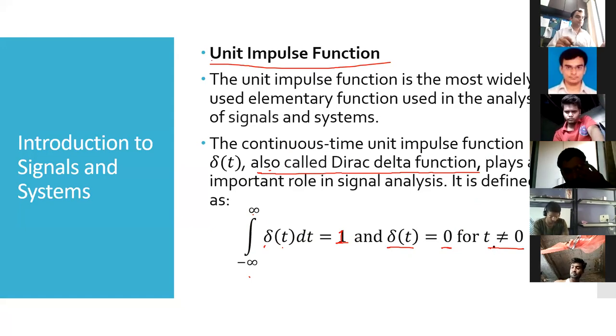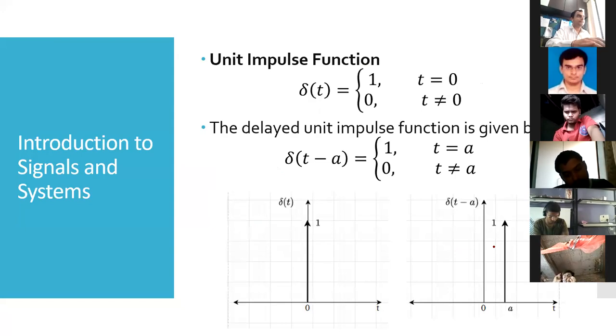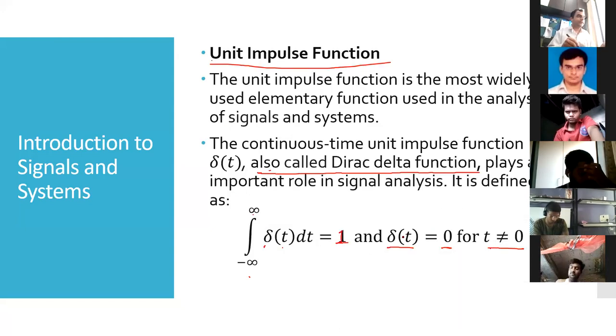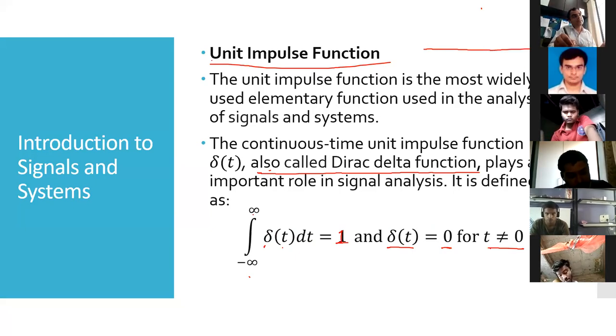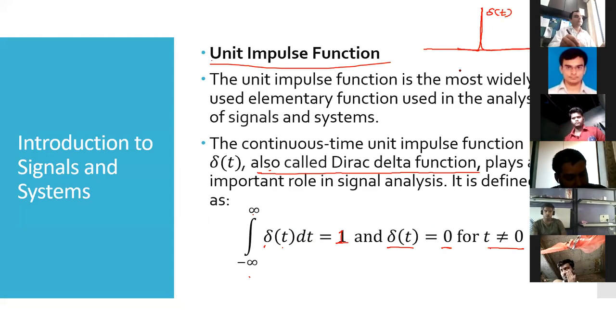Okay. So what does it mean? It simply means that if I draw something on time axis t, then there is this Dirac delta function delta of t.